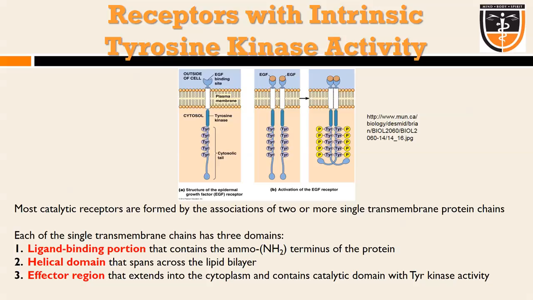It will have a ligand binding portion, which binds the ligand outside, a hormone, signaling molecule, insulin. Then you have a helical domain that spans across the membrane. And then you have the effector region, which will extend into the cytoplasm. This is the area where the tyrosine kinase will be, the intrinsic tyrosine kinase that will phosphorylate tyrosine on their end.